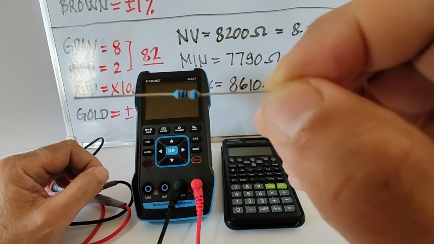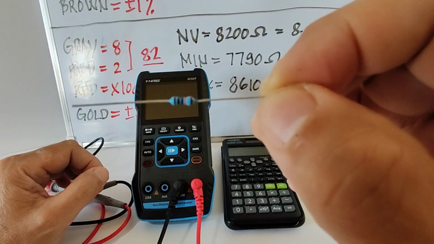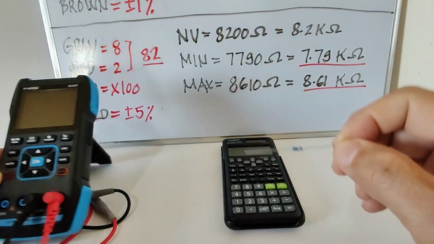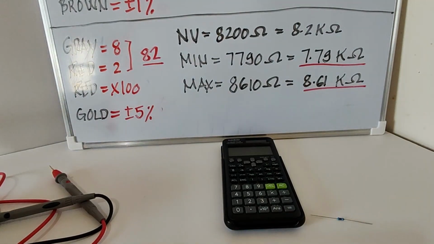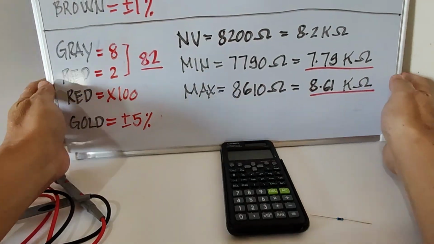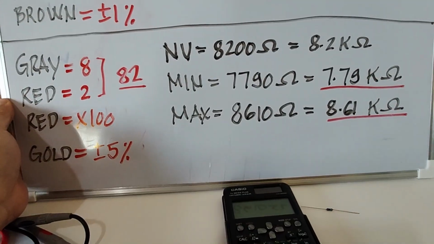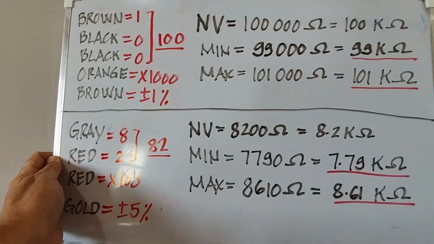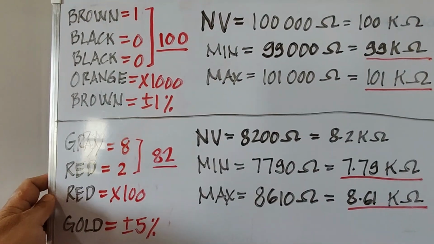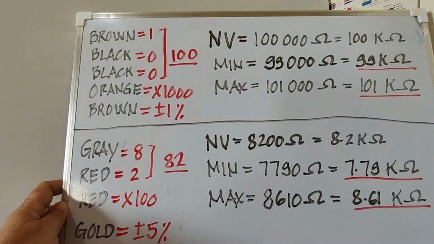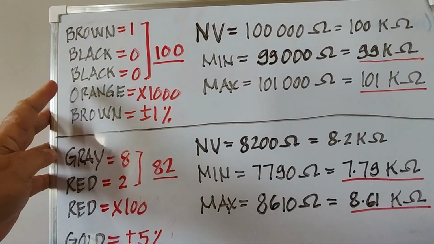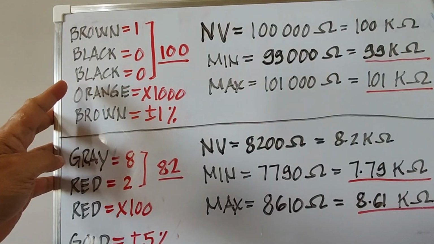Now, the actual value of the resistor based on the color code could be shown on this whiteboard that I have here. So you see right there, brown is 1, black is 0, black is 0.